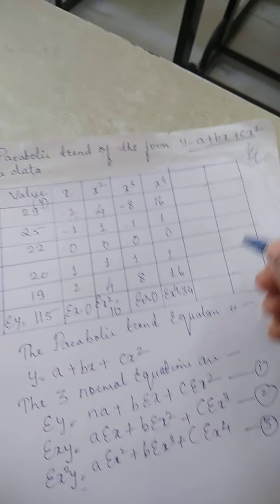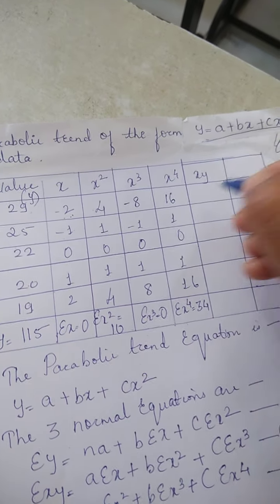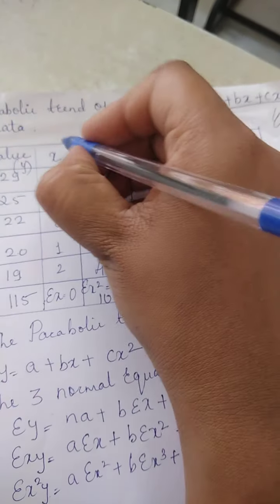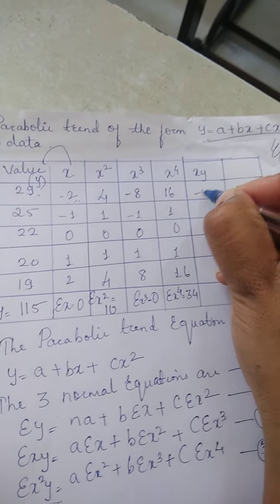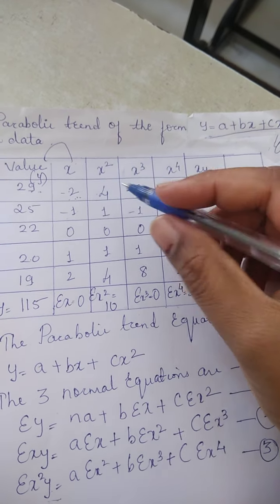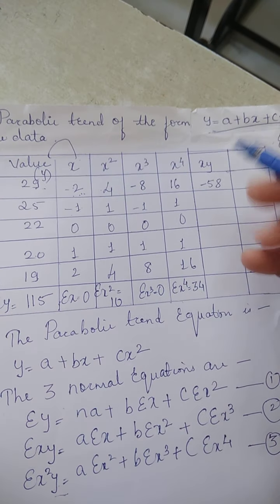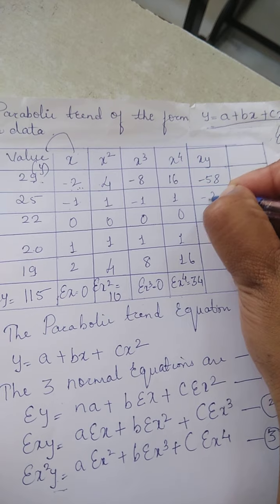So summation x raised to 4 total is 34. Next xy. Here it is y and x. Multiply these: 29 into minus 2 is minus 58. Next 25 into minus 1 is minus 25.